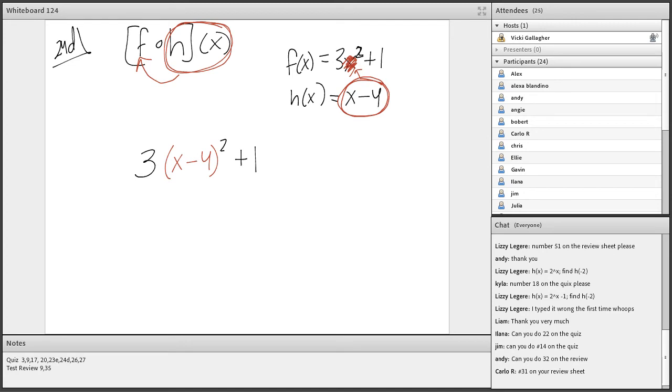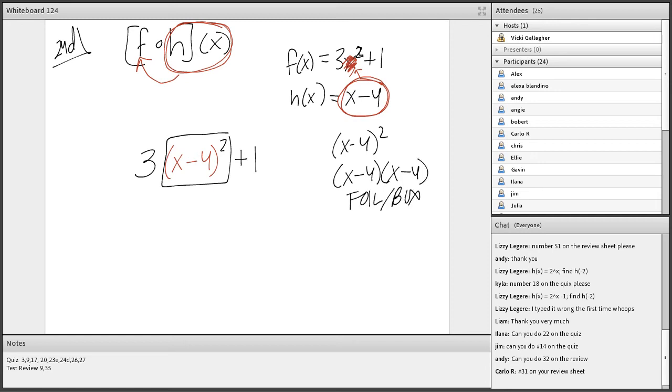And then you need to simplify this out. So don't forget, you should do this part first, x minus 4 squared. And x minus 4 squared is x minus 4 times another x minus 4. And you can FOIL or box that. When you're done doing FOIL or box, you're going to get x squared minus 8x plus 16.